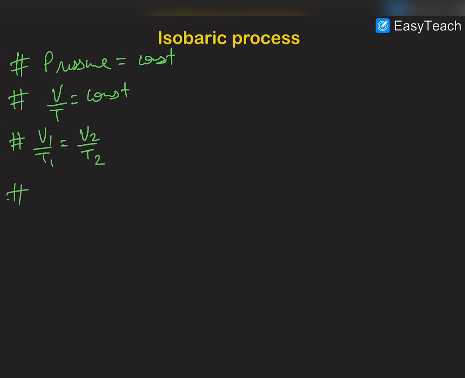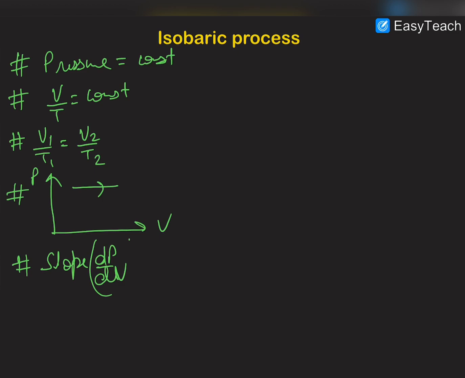The slope of the PV graph is 0. Slope is dP by dV, and this slope is 0, and bulk modulus, which is minus dP by dV by V, is also 0.